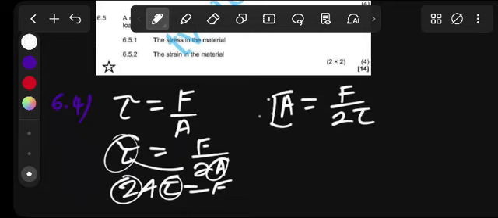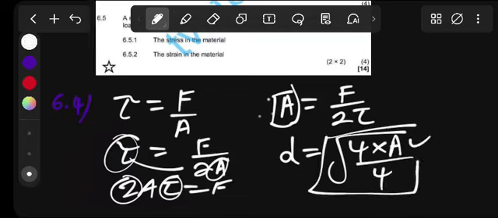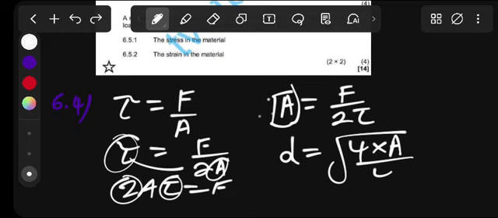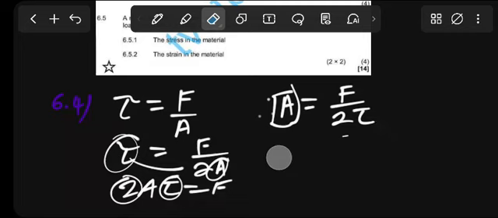So this is what we want: to calculate the area. Why? Because the diameter comes from the area. The aim is to get A, which is the area. I've shown you the manipulation.